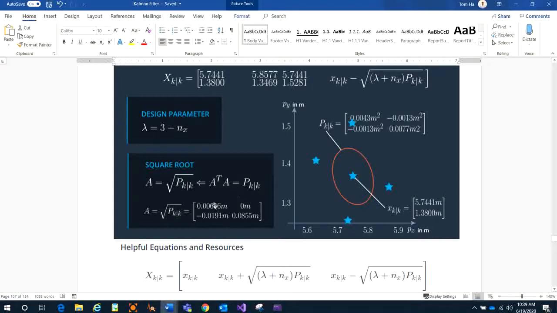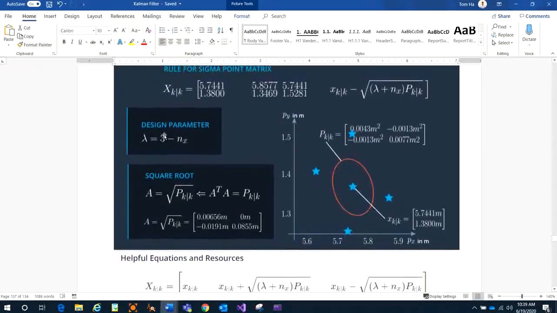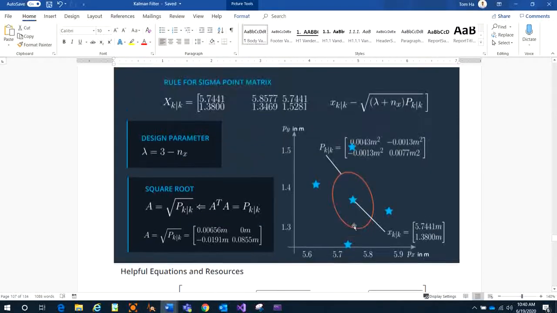It's the square root of this one, and times right here. For example, we have the state dimension right here, the px and py, which means 2. 1 plus 2, lambda is 1, so lambda plus nx is 3. 3 times the square root of Pk right here, and when you subtract this one, you get another 2 vectors. Okay, right here. So in total, you already have 5, right?